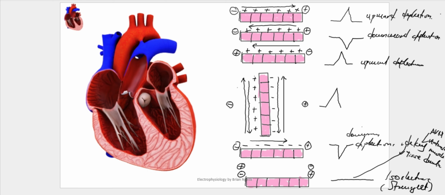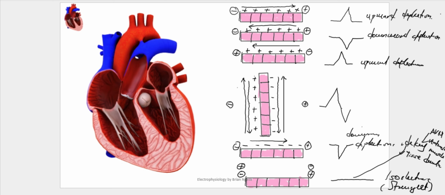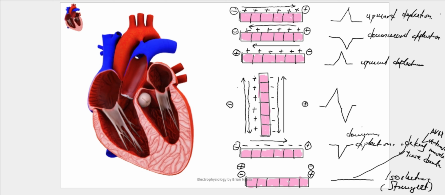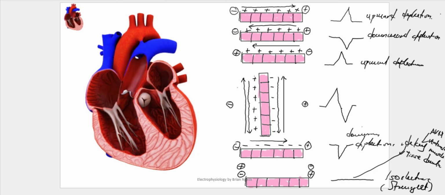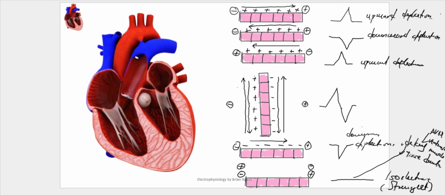This will give you a downward deflection like this. So any complete movement of these charges, either negative or positive, when you approach the center, it will seem as though you are approaching a particular charge and then moving away from it. So you are likely to have this upward deflection and then downward deflection.